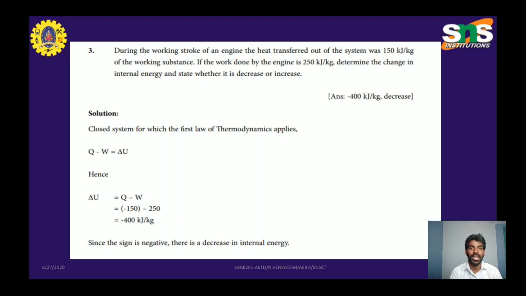So the final answer, change in internal energy del U, is equal to minus 400 kilojoule per kg. Since the sign is negative, there is a decrease in internal energy. So all these three problems are applications of the first law of thermodynamics.